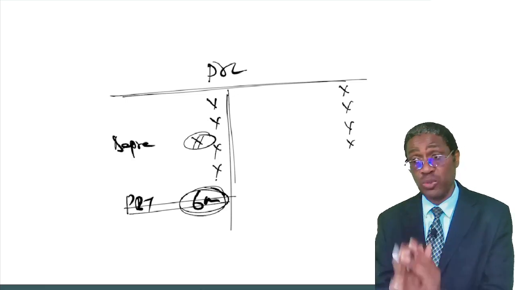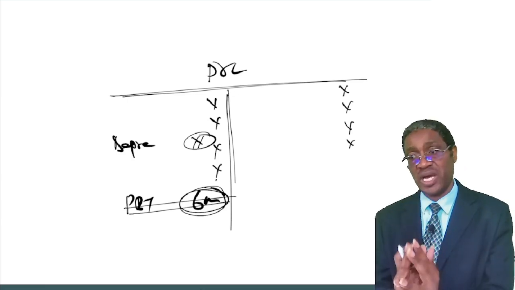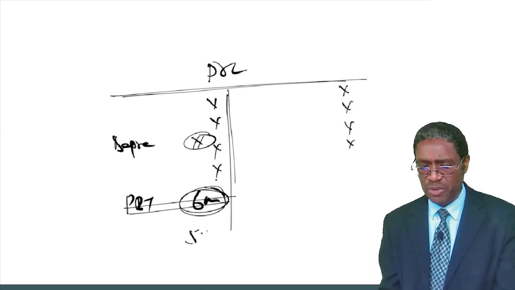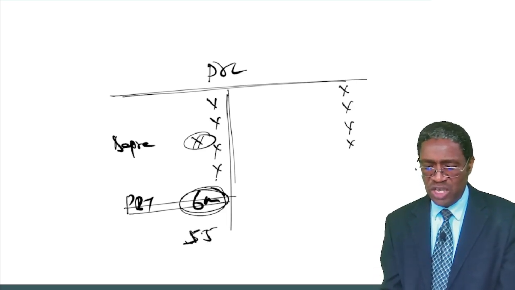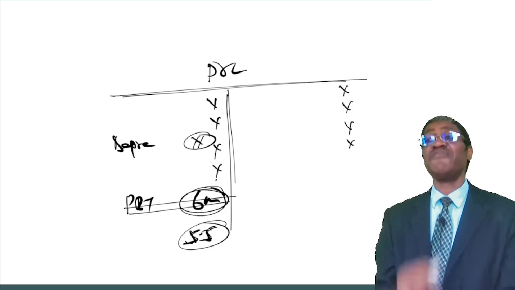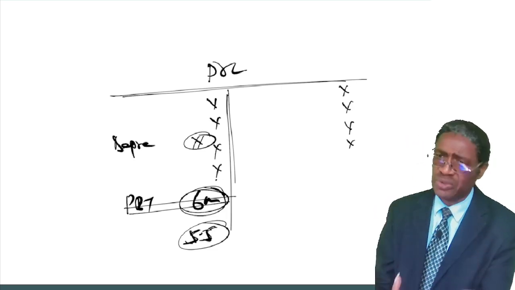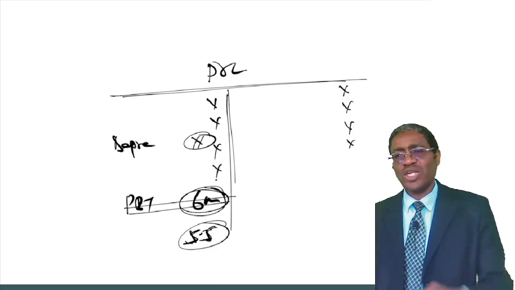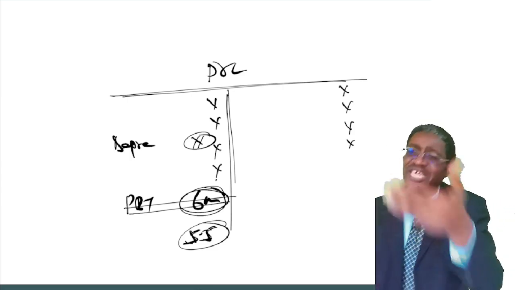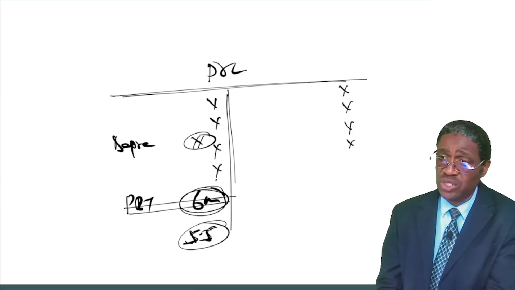What would have been the true profit if everything was by cash? Maybe the profit would have been 5.5. So if that would be the profit that would have been if everything is by cash, then that 5.5 becomes the cash flow. So we want to convert our profits into cash flows. That's the point I'm trying to explain.